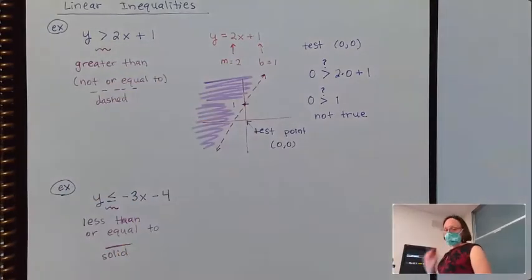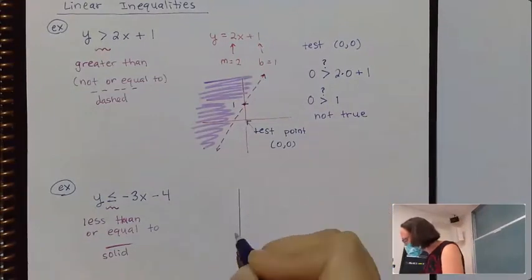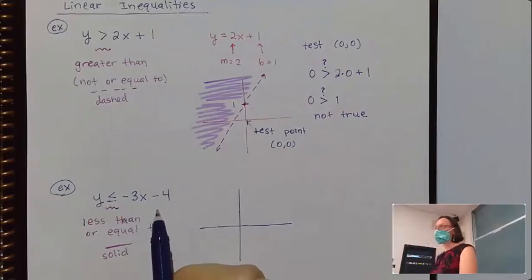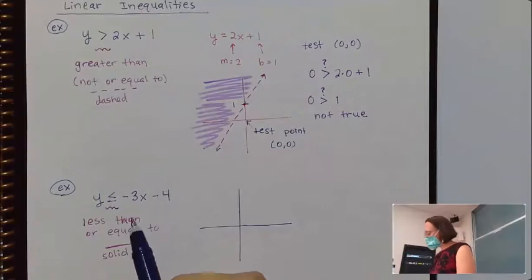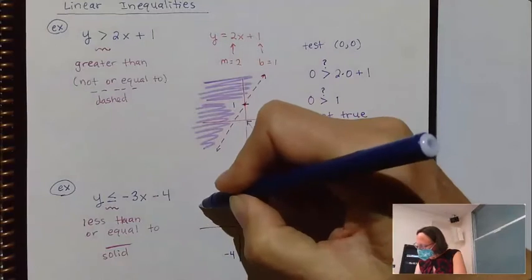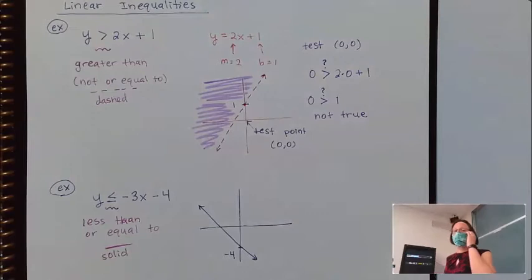So if I think about graphing this, I can see that we have a negative slope and also a negative y-intercept. So I've got this y-intercept down here at -4, and a negative slope means it's going to look something like this. I made it a solid line this time because of the or equal to, but I still have to find a test point. Again, I'm going to pick 0, 0 as a test point.